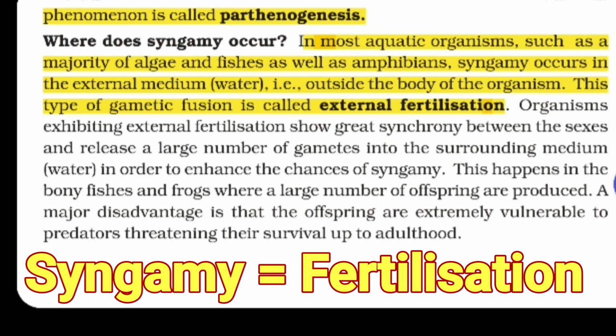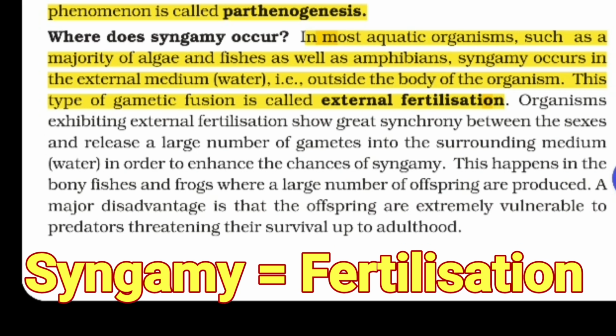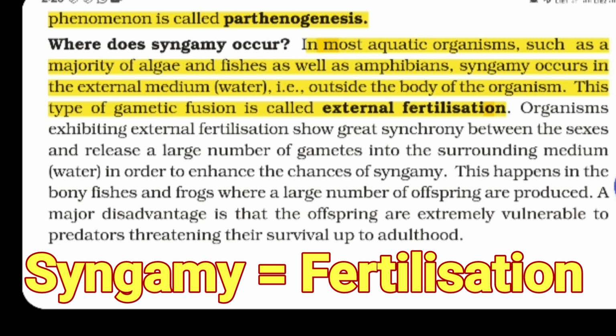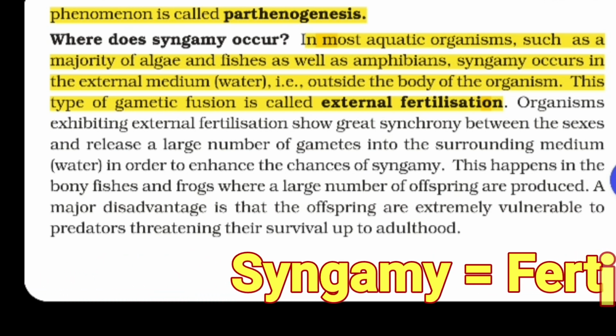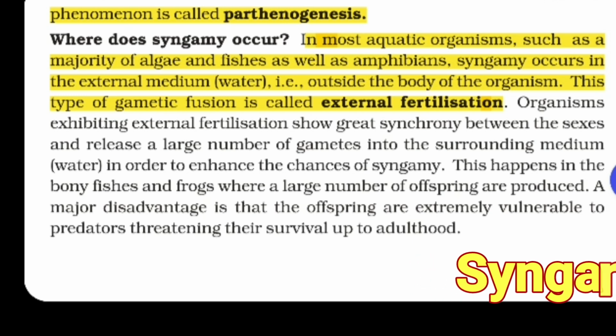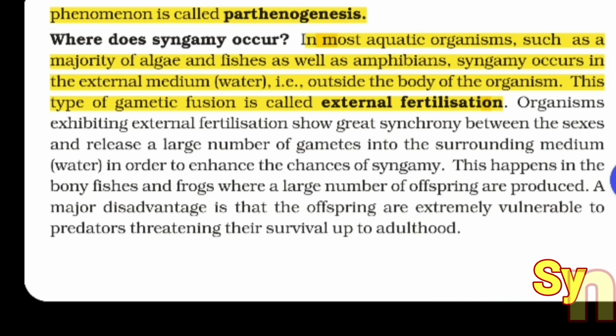How does it occur? Such syngamy occurs in the external medium, and that process happens outside the body of the organisms. Those showing external fertilization are the majority of algae, fishes, as well as amphibians.